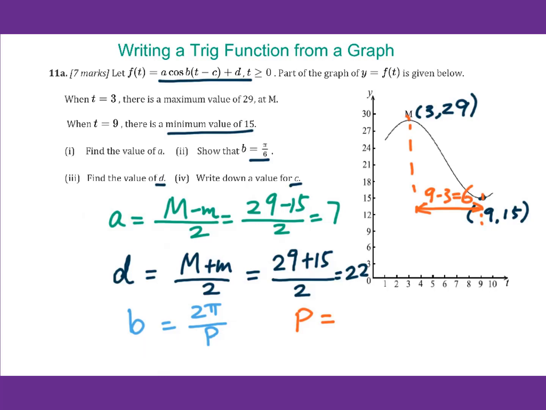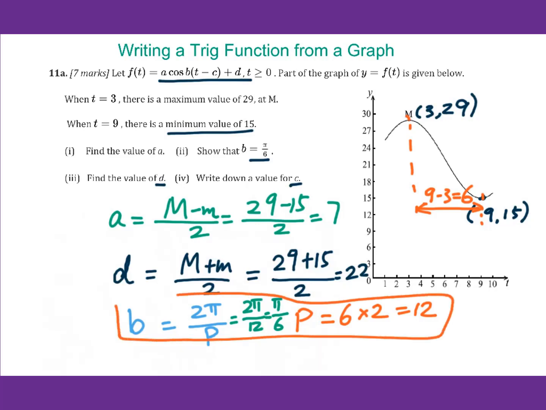Therefore, the period will be 6 times 2 equals 12. I will plug in here 2 pi over 12. That is pi over 6. That's how you show this B equals pi over 6.